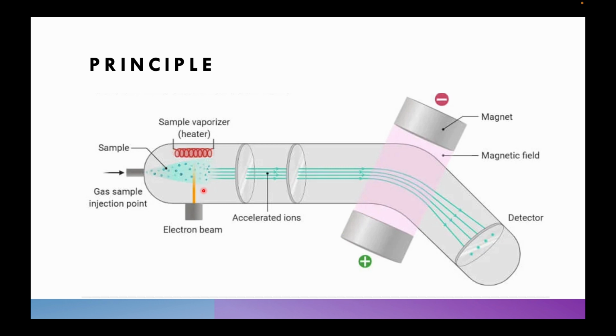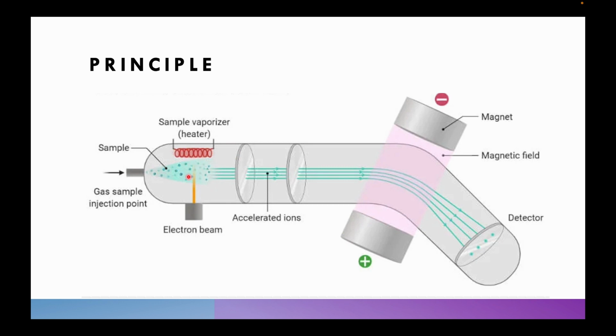Suppose it's a 5 carbon molecule and it fragments into 3 and 2 with the positive charge. Based on these beams, you are not sure how many fragments it will generate, so it can generate multiple fragments, which then pass through the detection, because the fragments will be positively charged, right?